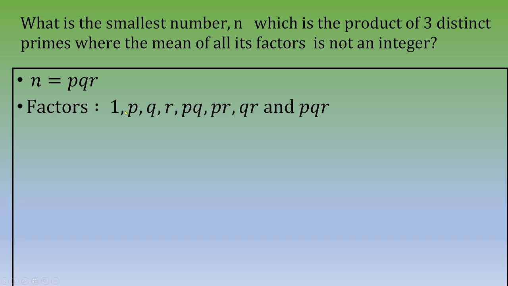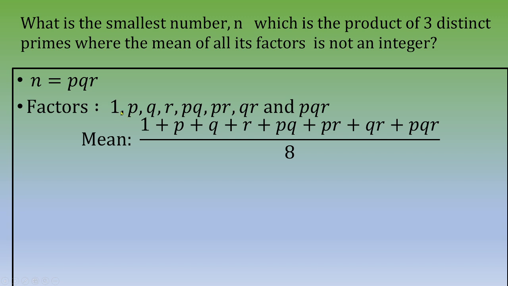So we've got 1, p, q, r, pq, pr, qr, and pqr. So now we are going to calculate the mean, and the mean, this is 1 plus p plus q plus r plus pq plus pr plus qr plus pqr, 8 terms divided by 8.